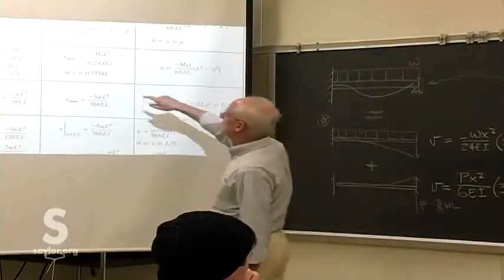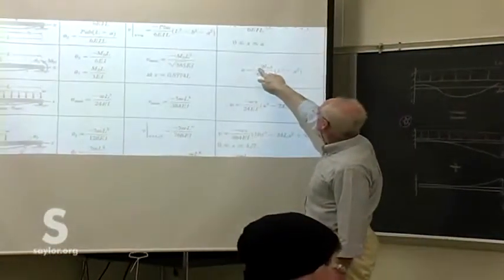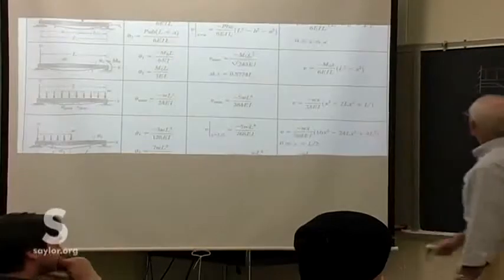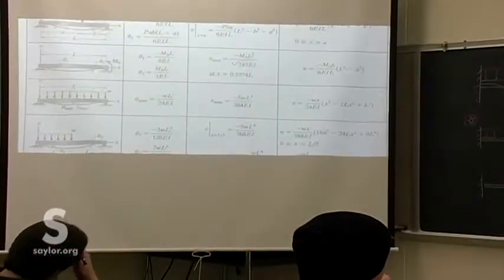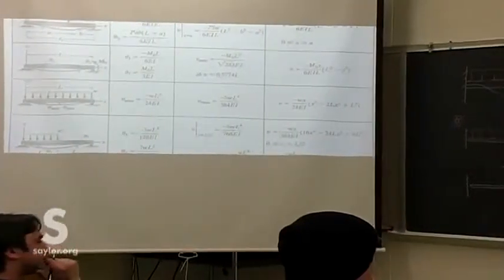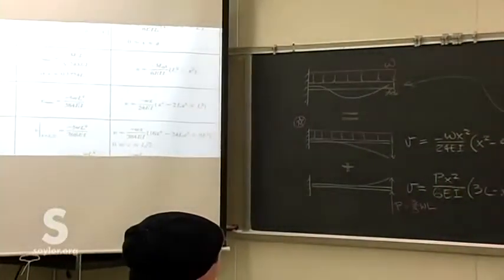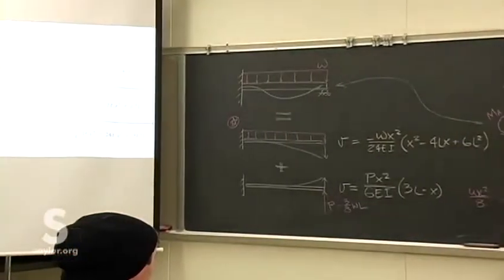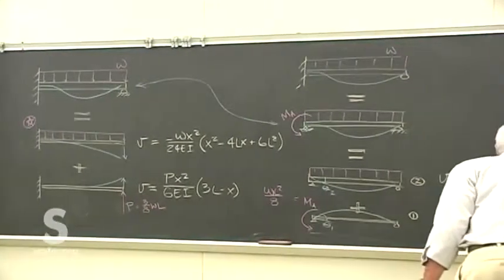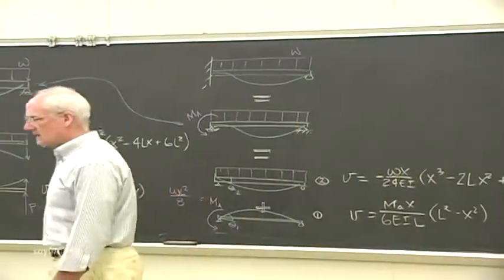And then V2 is the second one with the moment. This is upside down, so we have to turn this over. We know the magnitude of M0. I had an MA on the board, so you can figure out what that is as well, using the moment we now know. No minus sign there, because that one is upside down. L squared minus x squared. And those should give the same elastic curve.